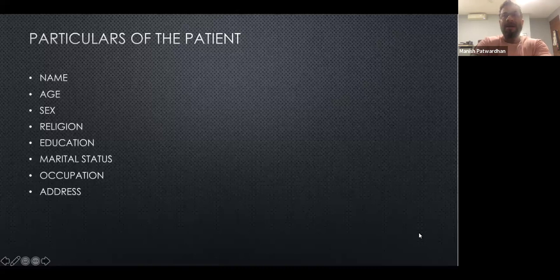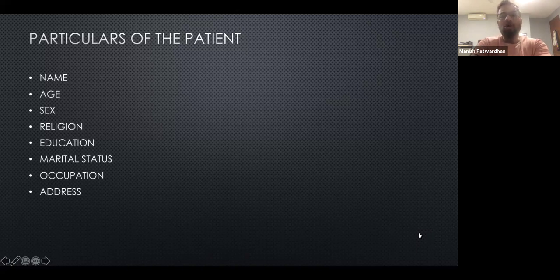Now please understand that a lot of times patients do not understand what to write in the case paper when you ask them to write down about their health problems. People will only write down what is important for them at that time, what is most problematic for them at that time. The rest of the conditions they will forget.